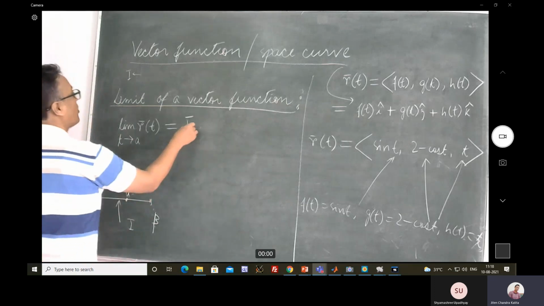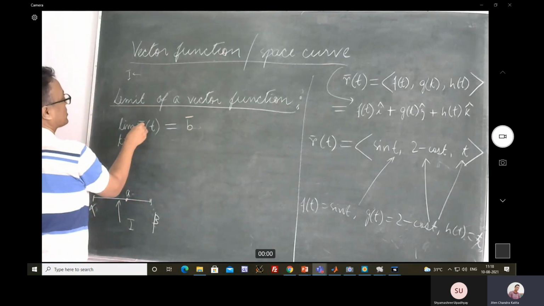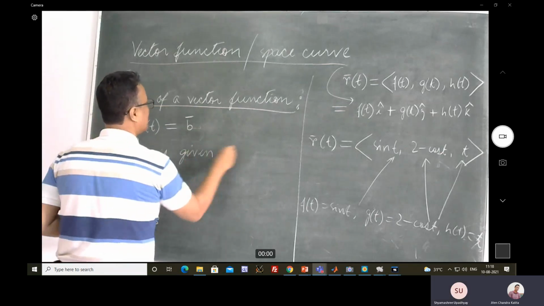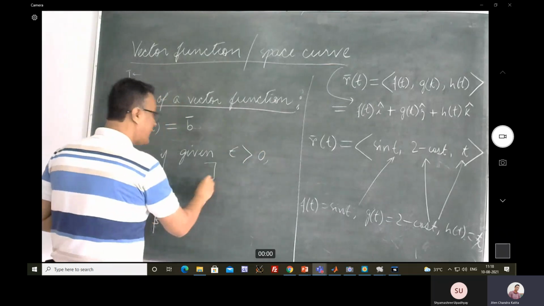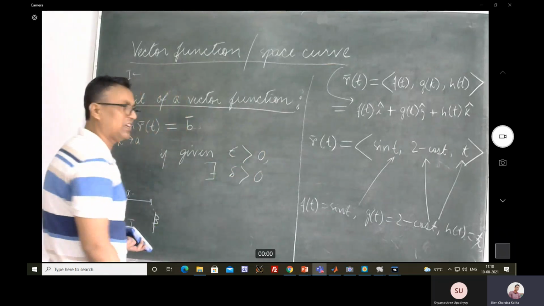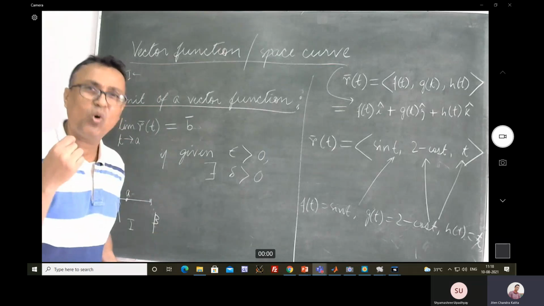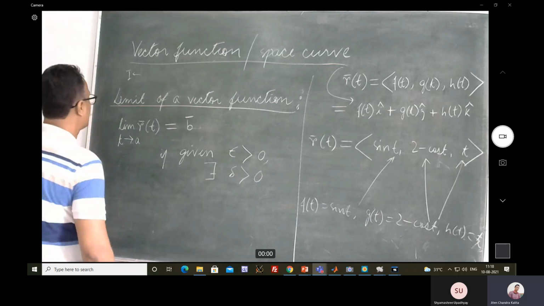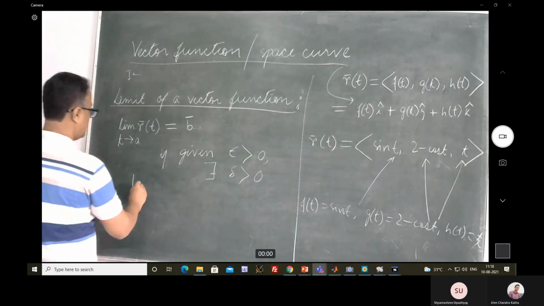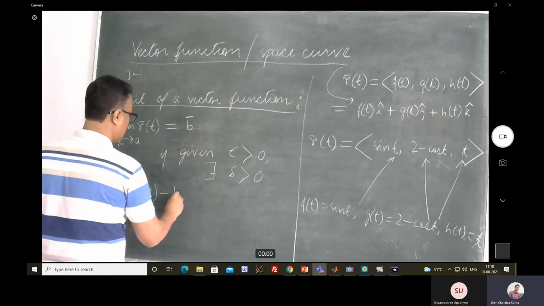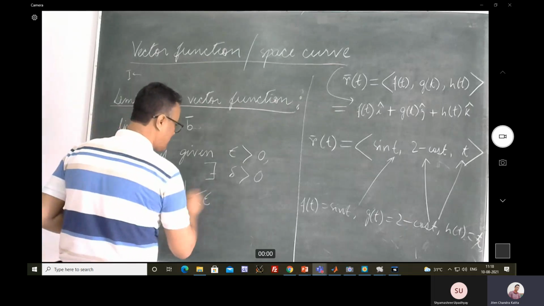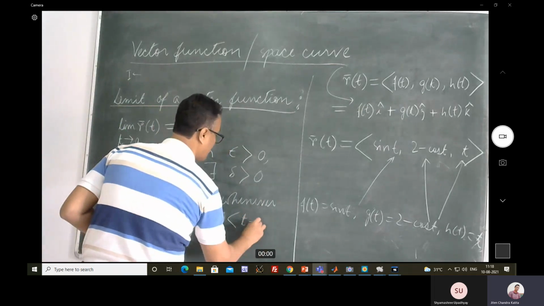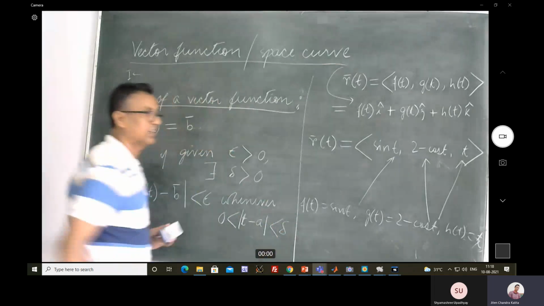I am going to call B the limit of the function r as t tends to A if, given epsilon greater than 0, there exists some delta greater than 0, and of course epsilon and delta are very small positive real numbers, such that the mod of r(t) minus B is less than epsilon whenever mod of t minus A is less than delta.